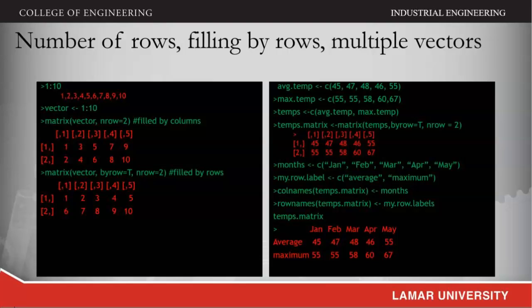So we first have the data separated, we integrate it into a single vector, and from the single vector we transform it into a matrix. After we do that, we are going to create the vectors that contain the column names and the row names, and then we will assign those vectors to the actual column names and row names of the matrix of temperatures. So let's do that in the software.